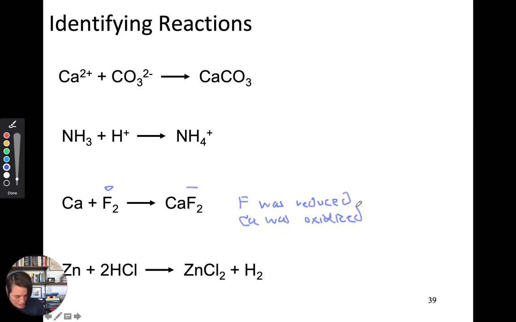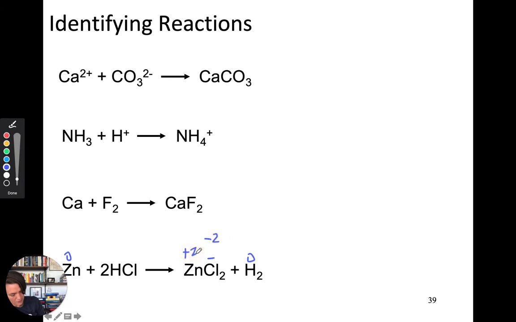All right, this next one kind of looks like we have hydrochloric acid. Maybe that is an acid-base reaction. So the only way to really know for sure if it's acid-base or oxidation reduction is to assign oxidation states. 0, 0, negative, -2, +2, negative, positive. All right, zinc went from 0 to a +2.